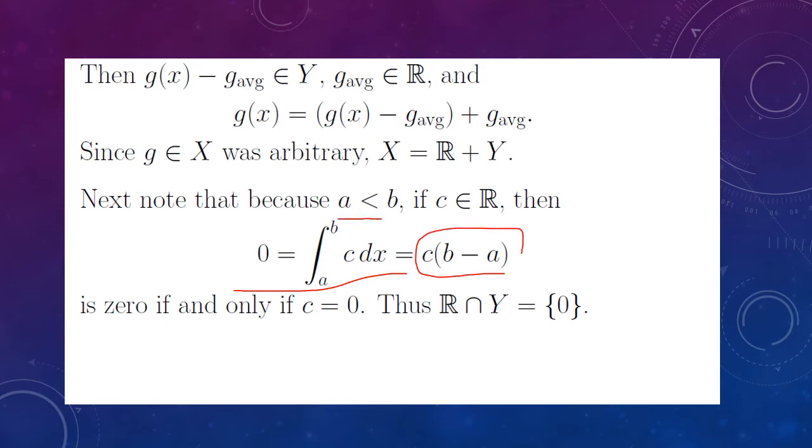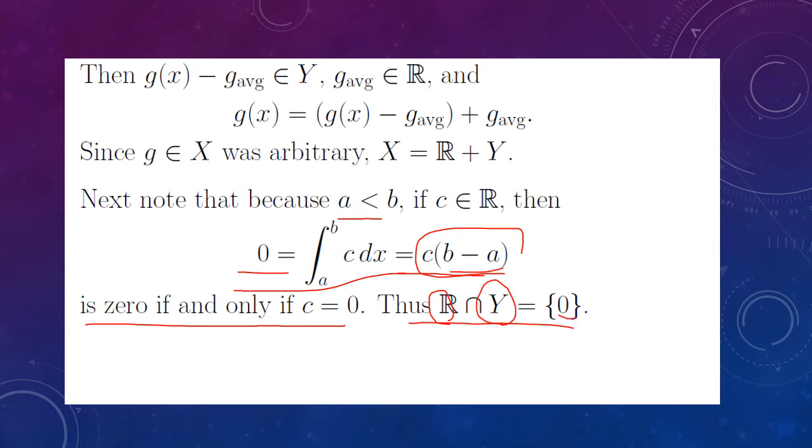Now we know from the hypothesis that a is strictly less than b, and so this b minus a part is non-zero. So the only way for this product to equal 0 is if and only if c is equal to 0 to begin with. So the only possible way to get a constant function that integrates to 0 is if the constant function was 0 to begin with, and hence the intersection between the constant functions and the functions that integrate to 0 is in fact only the 0 function.